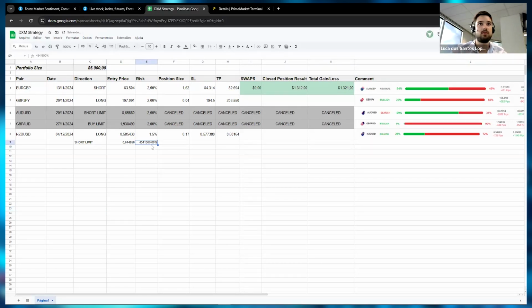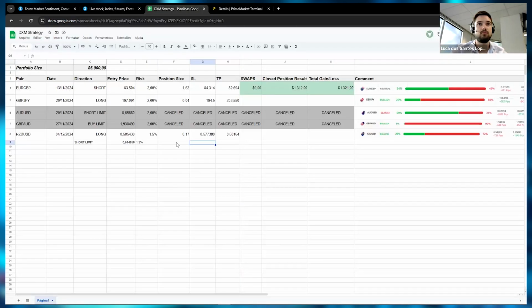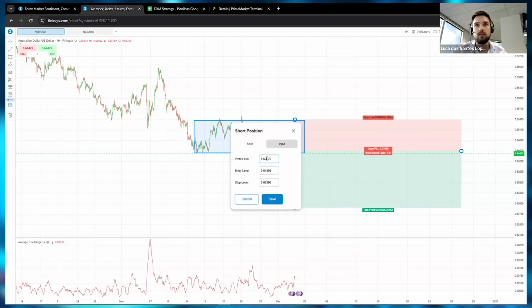This is in percentage. Then the stop loss will be at this level. And the TP will be at this level.